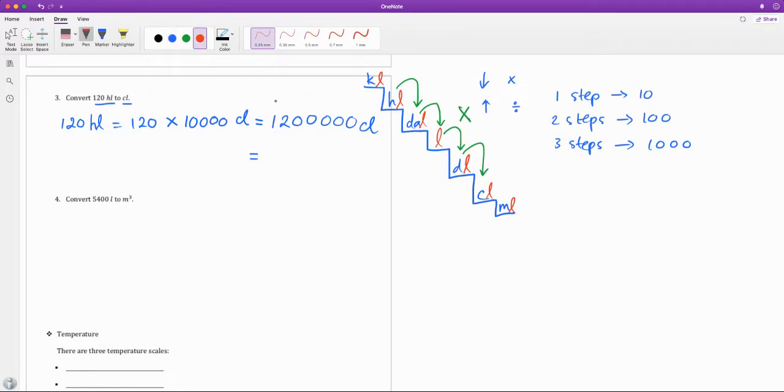So find the first significant figure and then put the decimal next to it and then count from this point to the decimal point here. So it will be 1, 2, 3, 4, 5, 6. We can just write 1.2 because 0 doesn't count. No need to write down. Times 10 to the power of 6 centiliter.